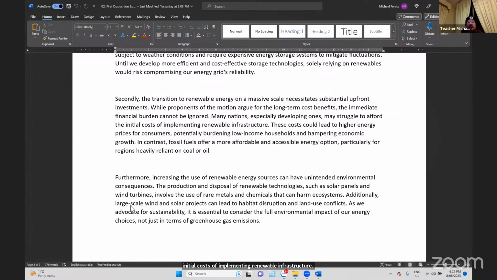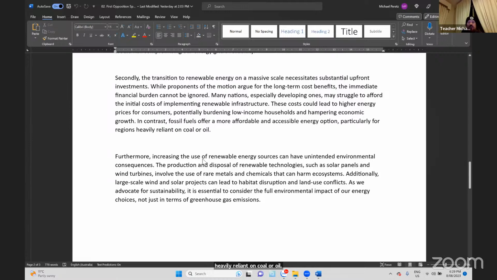These costs could lead to higher energy prices for consumers, potentially burdening low-income households and hampering economic growth. In contrast, fossil fuels offer a more affordable and accessible energy option, particularly for regions heavily reliant on coal or oil.